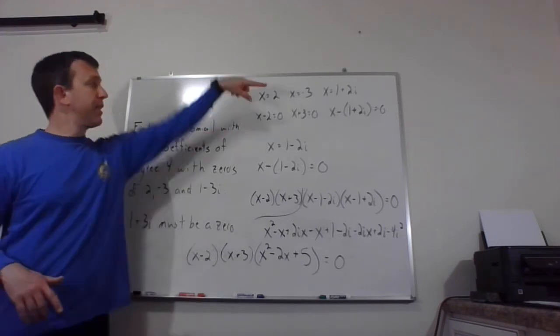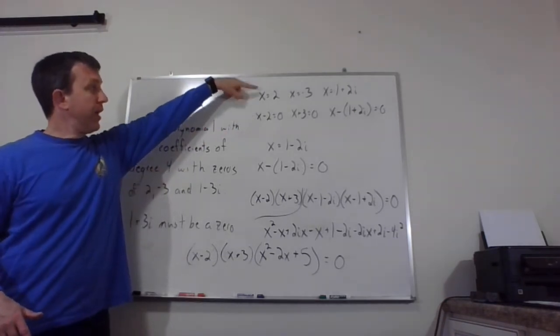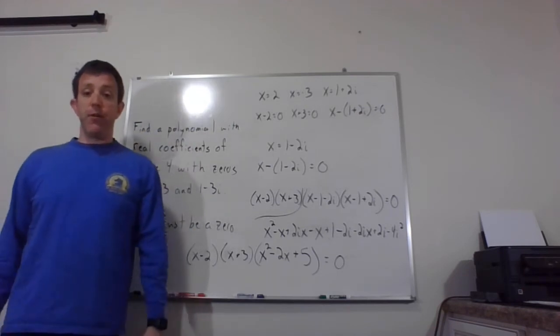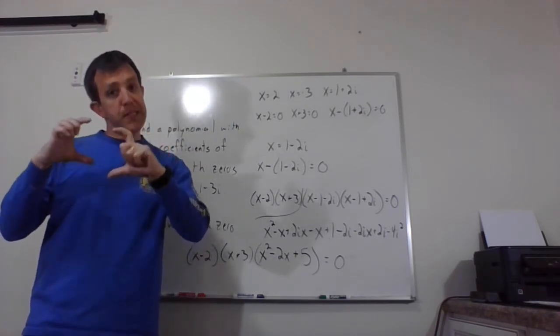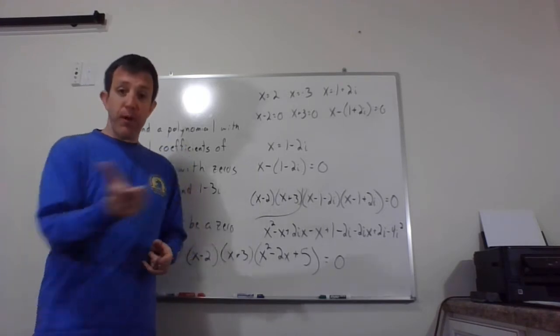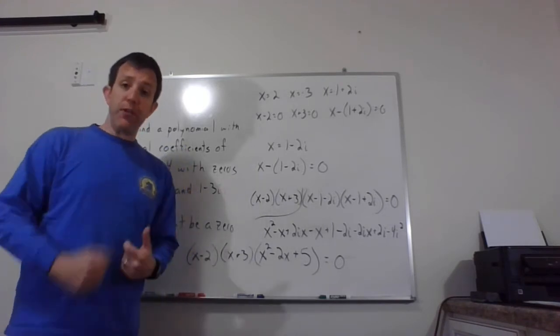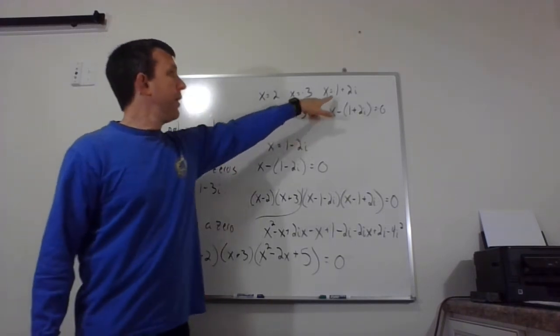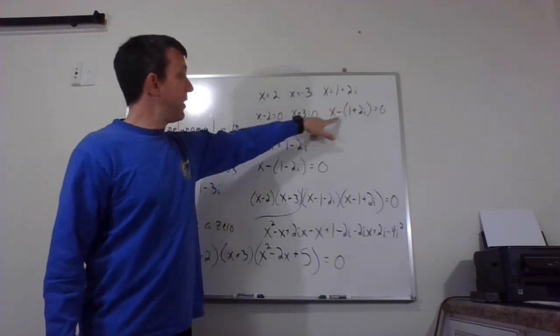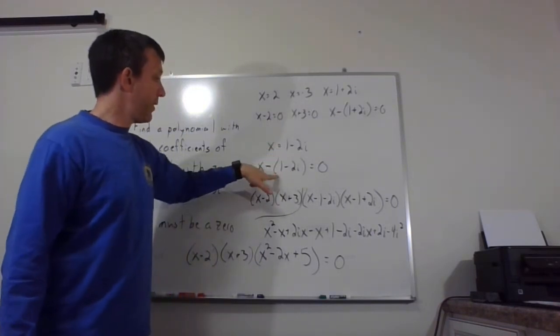So then what we do is we can take each of those zeros and solve them so that we have 0. What that's going to do is it's going to produce the linear factors, those little pieces in parentheses, that we can then multiply together to give us a polynomial. So I subtract 2, get x minus 2, add the 3, subtract 1 plus 2i, and subtract 1 minus 2i.